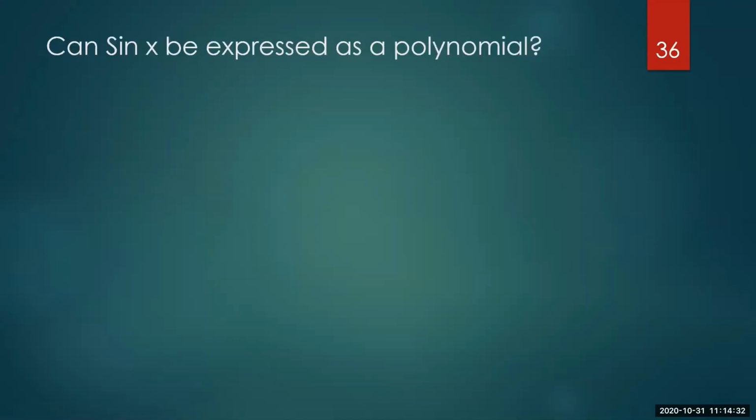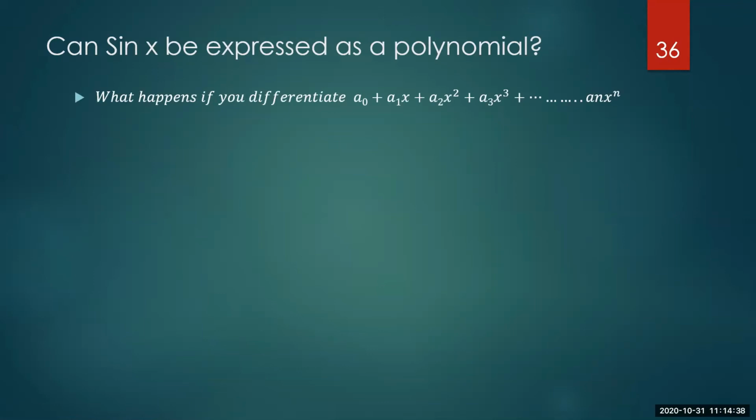The next one then is, can sine of x be expressed as a polynomial? Well, what happens if you differentiate this? This is a general polynomial, looks like this: a constant term, then some term in x, and some term in x squared, and some term in x cubed, all the way up to x to the power of n.